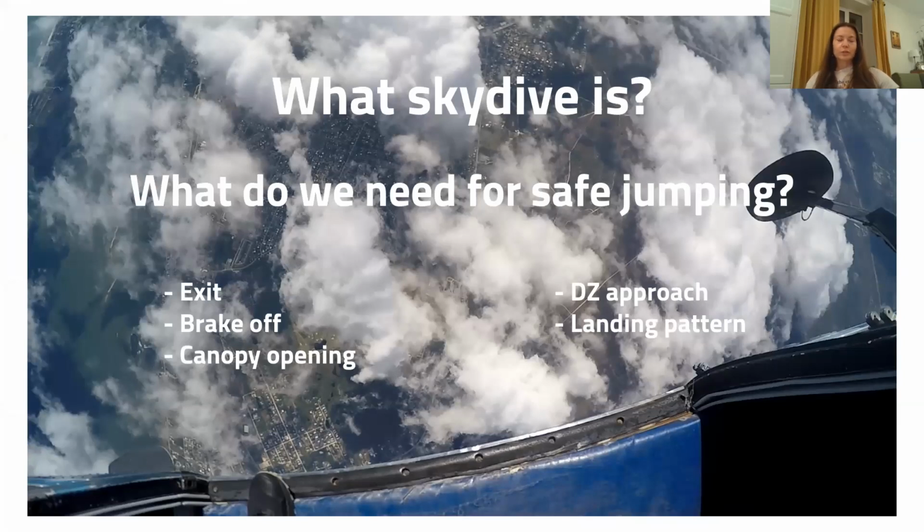Let's consider two interesting parts separately, free fall and canopy piloting. For free fall, we need to know a bunch of altitudes: exit, break off, canopy opening. Generally, free fall is the time from airplane exit to canopy opening.